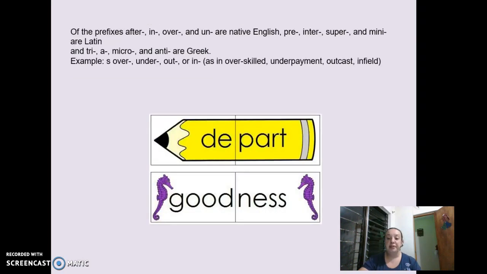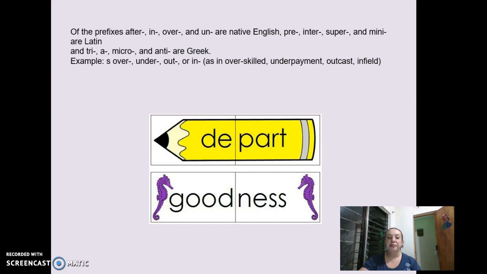In English, there are three sources of derivation for the prefix. It depends on native English, Latin roots, and Greek derivation. For example, in native English: for, in, over, at.